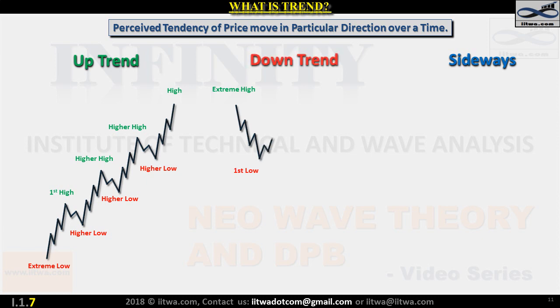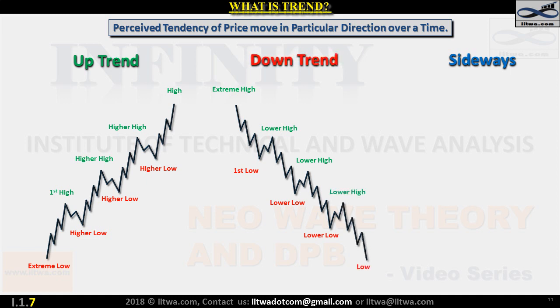Downtrend is a price move starting from a particular extreme top towards the downside, creating a series of successive lower lows and lower highs. A sideways trend is also a price move which starts from a particular bottom or top but does not create a series of successive higher highs and higher lows, or a series of successive lower lows and lower highs.